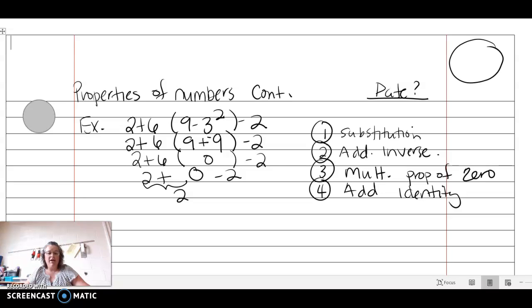And then I have 0 minus 2 gives me negative 2, which is, again, your additive identity because you've added 0 to a negative 2. Last step here, again, you have 2 minus 2, which is really 2 plus a negative 2, which is your additive inverse.